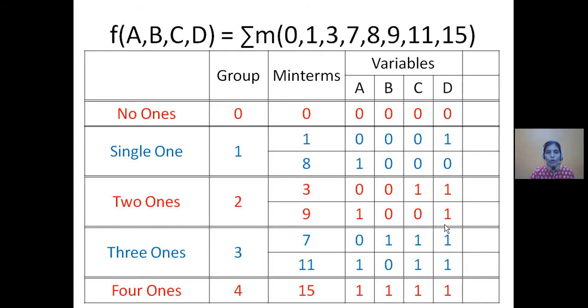So we form the fourth group, which is of the min term 15. So after having segregated the min terms in groups where there are no ones or single ones or a pair of ones or three ones or four ones, these groups would now be compared to see whether there is a possibility of formation of a group of two ones.